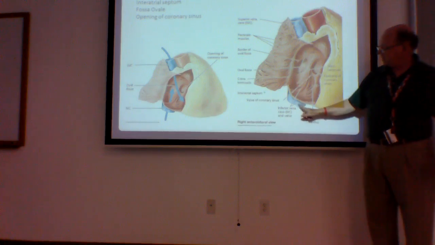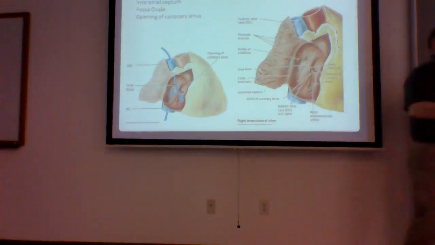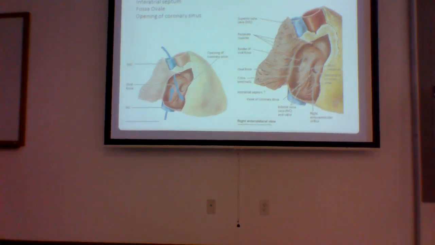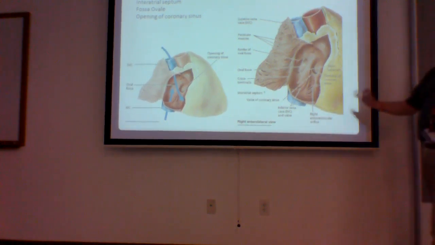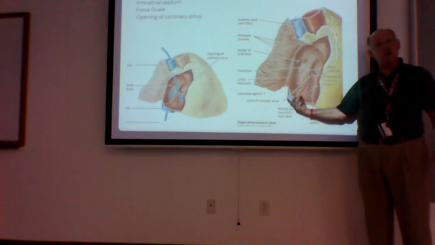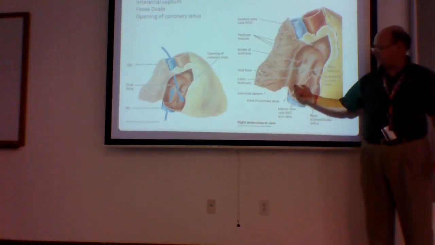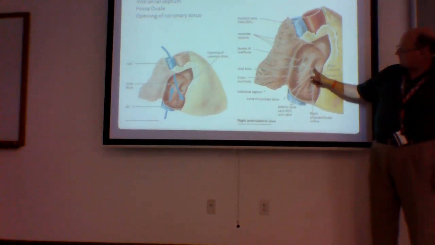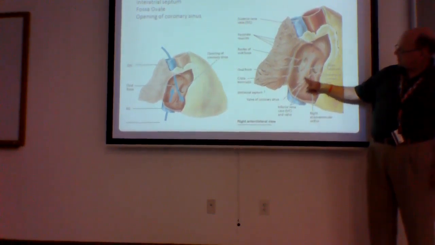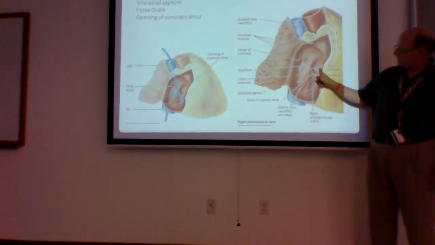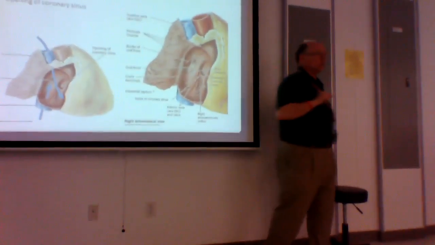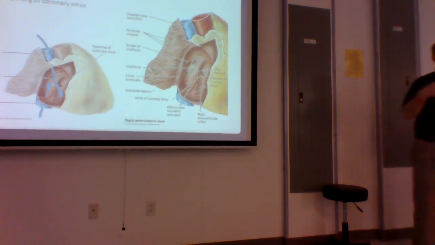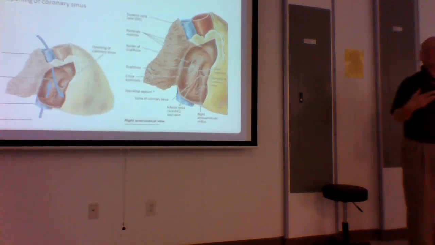Down here, the inferior vena cava coming up from the abdomen and getting the hepatic vein coming out of the liver is draining everything from below and coming into the inferior part of the right atrium. And then right here, just above the inferior vena cava, is the opening for the coronary sinus. So now we have the venous blood coming in from the heart. Okay?